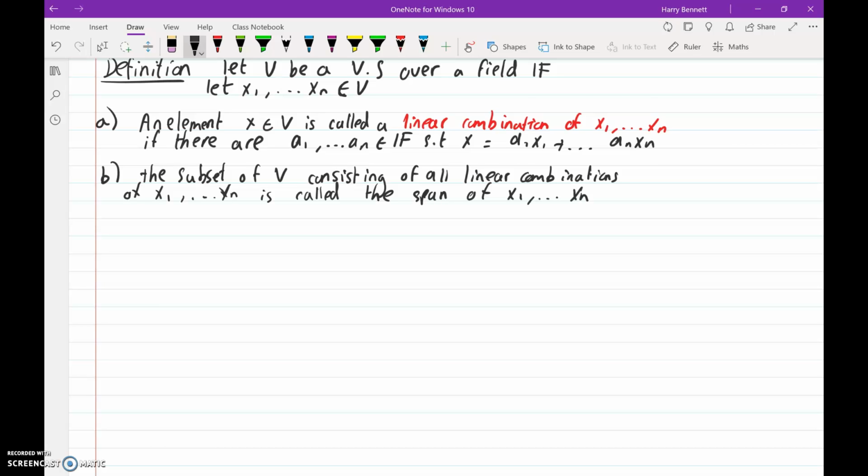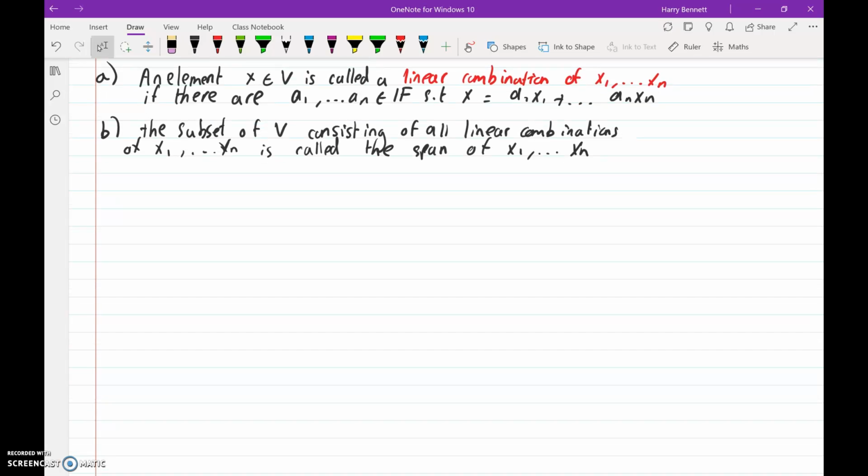So the subset of all linear combinations is called the span. That's what the span is of x1 up to xn, and we denote the span as the span of x1 up to xn.